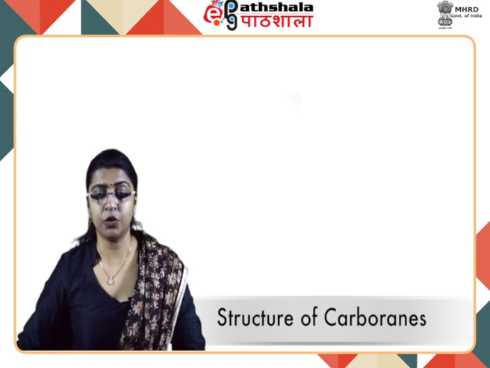Depending on the closed structures of polyhedron, they may be classified as closo carboranes. The same polyhedra serve as the basis of the structures of nido and arachno compounds too, although for these boranes and carboranes the polyhedra are incomplete. That is, they are missing one or more vertices.